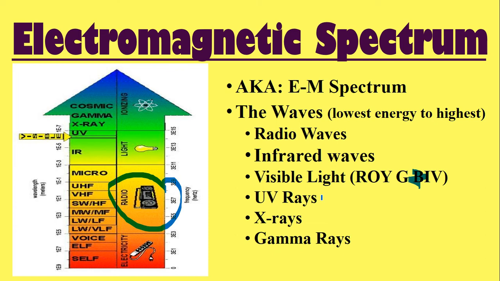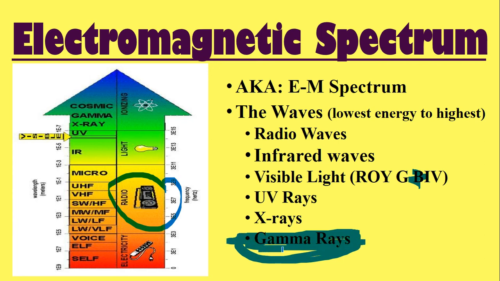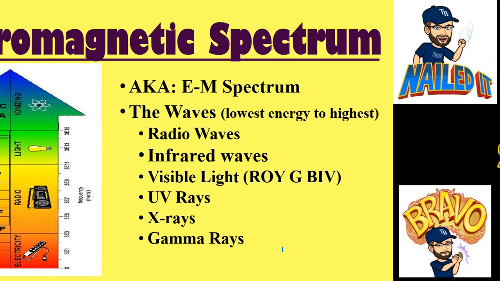After visible light is UV rays. This is the stuff that will cause you to have a sunburn. X-rays, most people usually know about X-rays. They've had an X-ray. And the wave that has the highest energy is gamma rays, and they are really bad to come in contact with. But that's a type of electromagnetic wave.